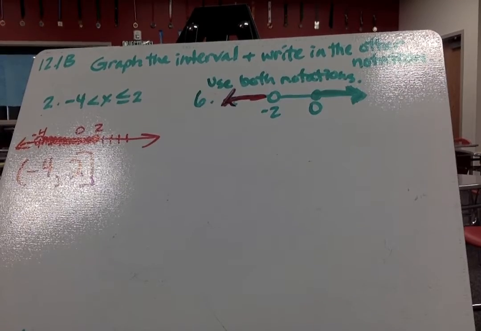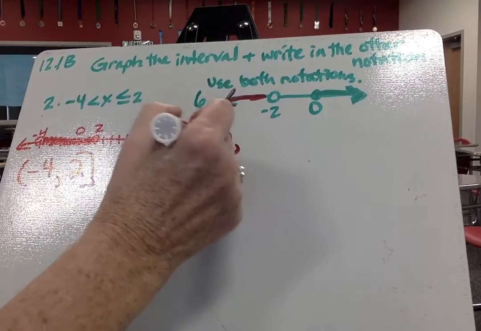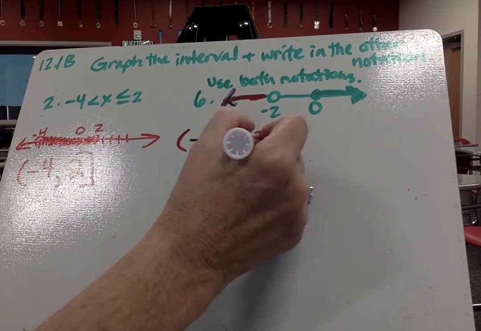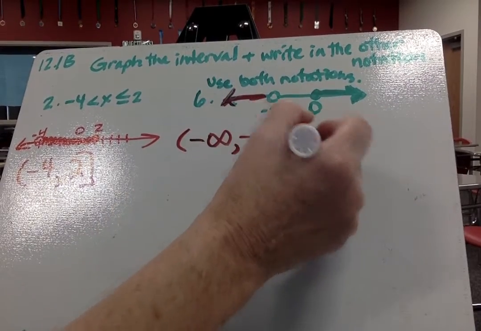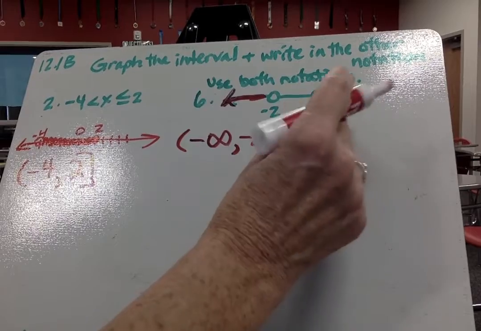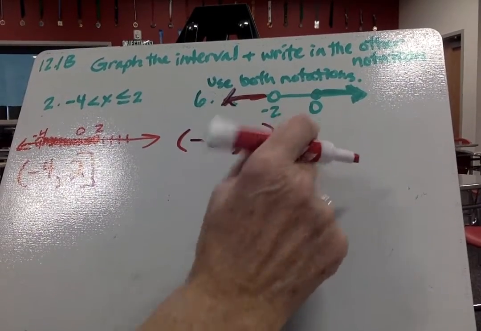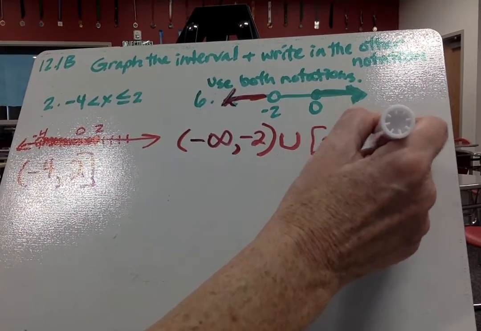So for number 6, we're going to say this goes to negative infinity, comma, and infinity is always parenthesis, and goes to negative 2, and it does not include 2, and it's going to be united with 0. Oh, 0 is included, so that's going to need to be a bracket 0, comma, infinity.